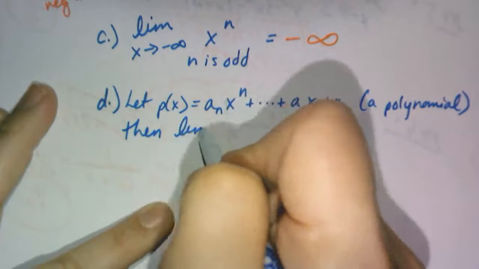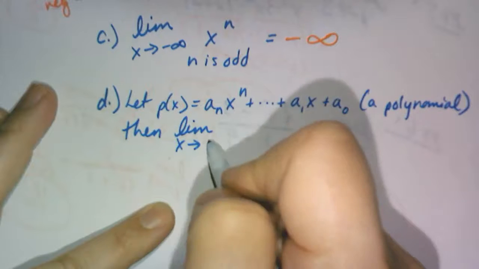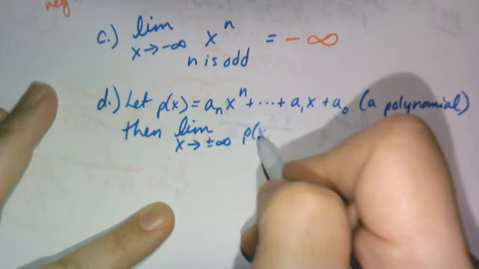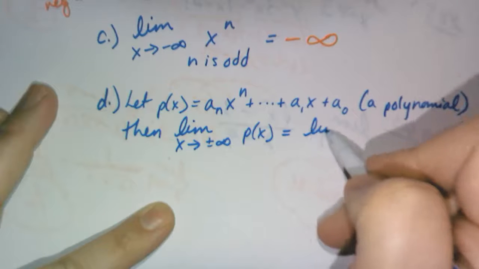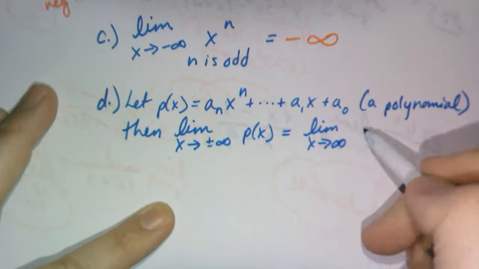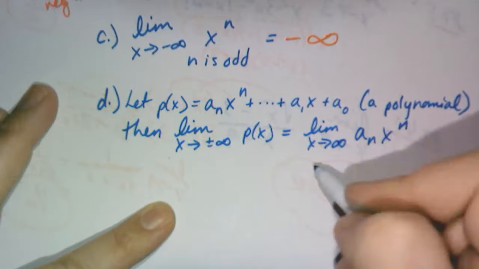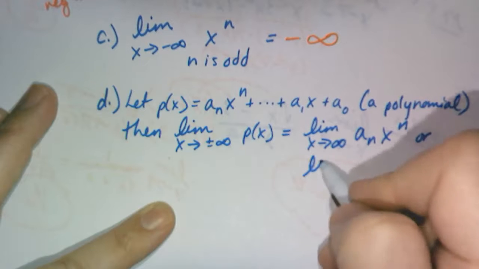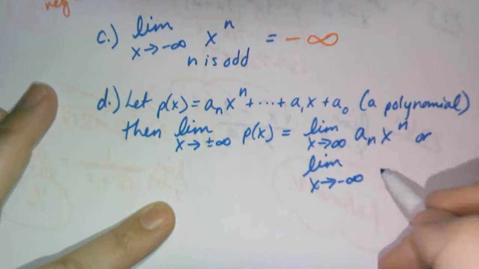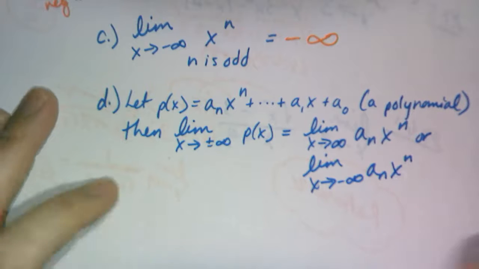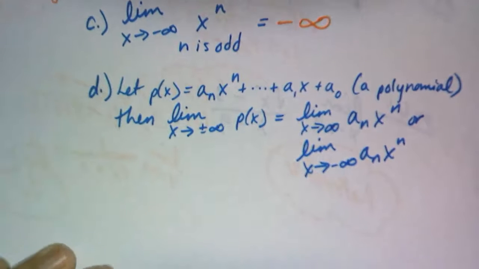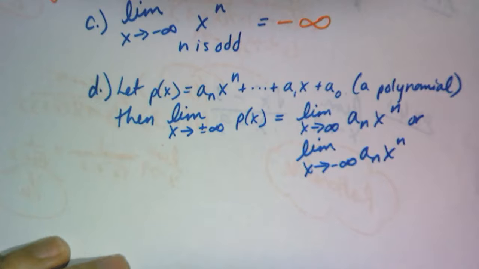Then the limit as x approaches plus or minus infinity of the polynomial is equal to the limit as x approaches infinity of a sub n x to the n, or the limit as x approaches negative infinity of a sub n x to the n. Anybody know what I just said? No. Just write it down. I'm going to give you an example in a minute, and you will have one of these on homework tonight. Don't freak out. It's not that hard.